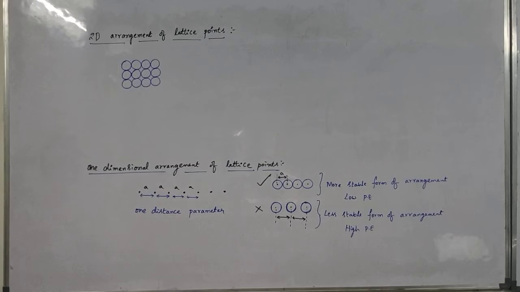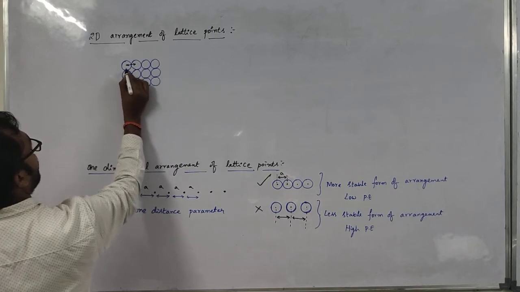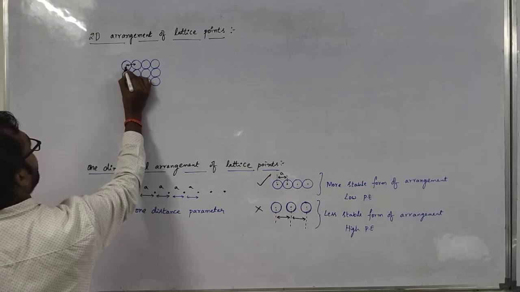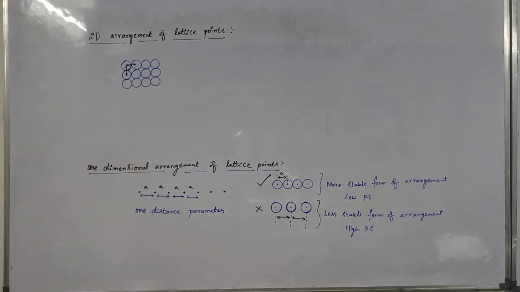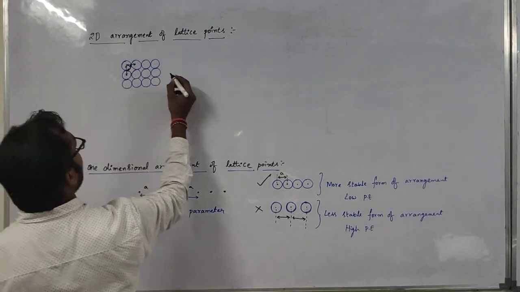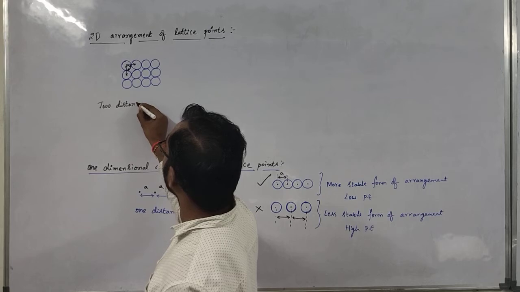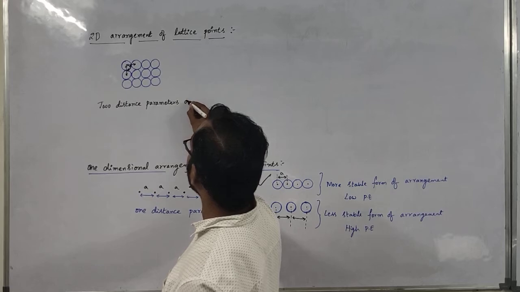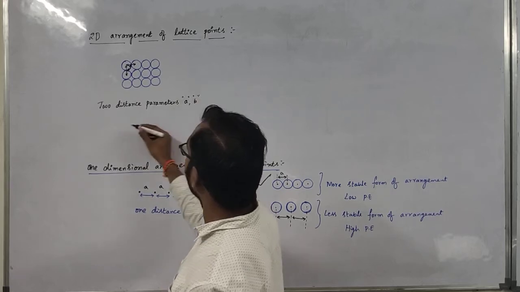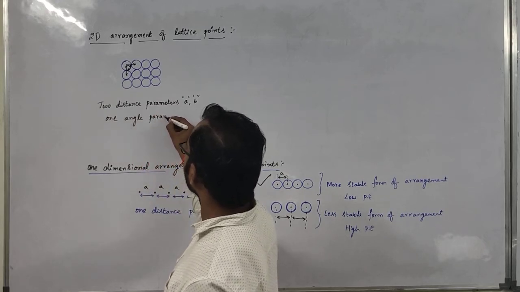This is two-dimensional. Now how many parameters are required to express this? The distance between this and this, and between this and this, and the angle between them. So we require two distance parameters, A and B, and one angle parameter.